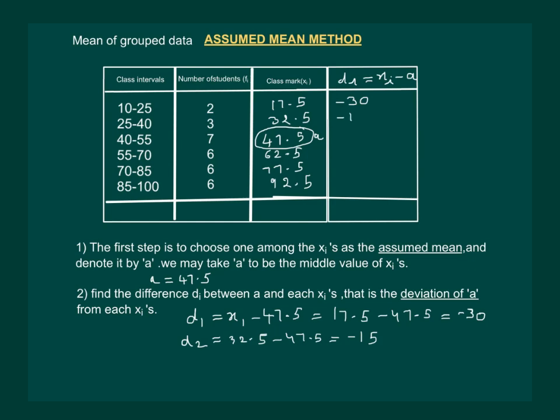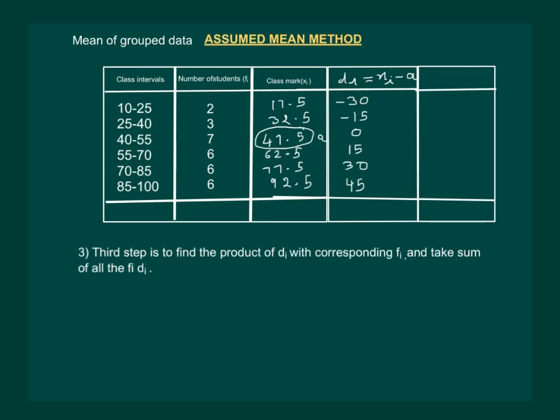So we have d2 equal to minus 15. Then the third one will be 0, as 47.5 minus 47.5 will give us 0. We get 15, 30 and 45 as the other values of the deviation.